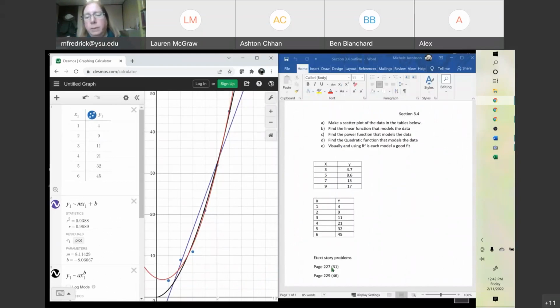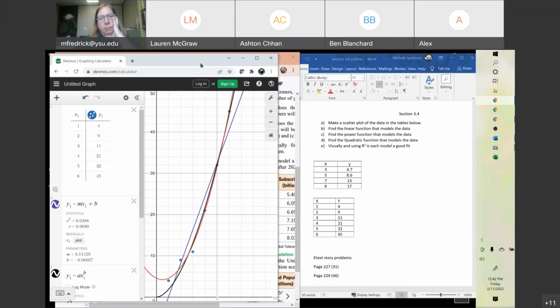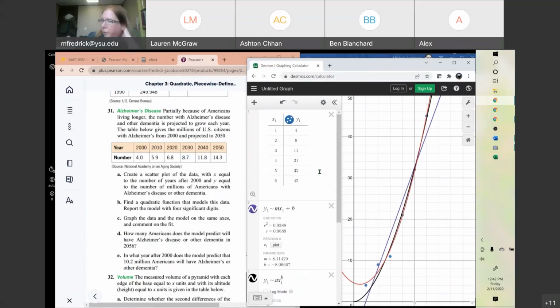Page 227, number 31. There was a couple story problems. And first one, number 31. Partially because of Americans living longer, the number with Alzheimer's disease and other dementia is projected to grow each year.